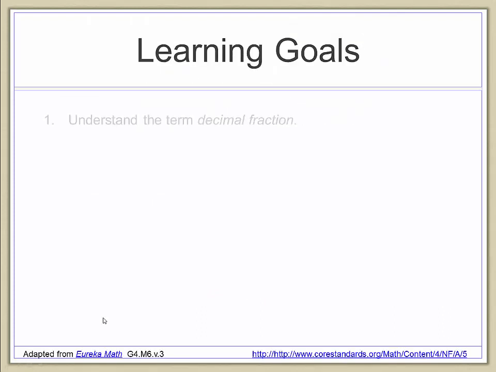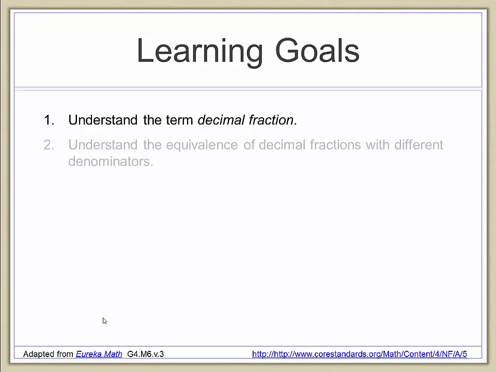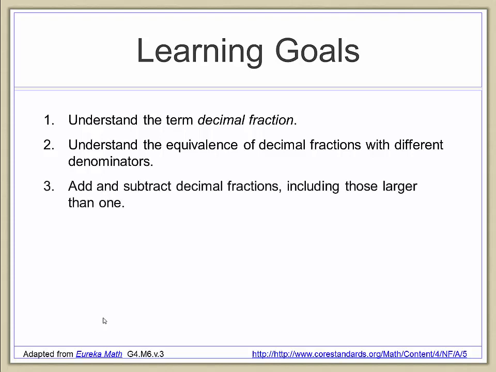The learning goals for this standard are first to understand the term decimal fractions and begin to be fluent in how they work. Secondly, to understand the equivalence of decimal fractions that have different denominators. Third, to add and subtract decimal fractions, including those that are larger than 1, which will bring us to reviewing and working with mixed numbers.